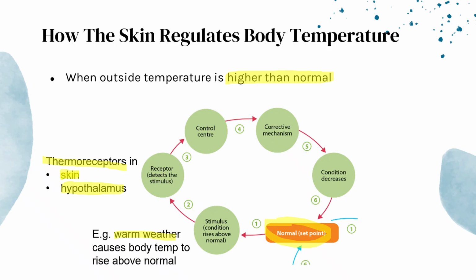And when the warm air diffuses into the blood and the blood temperature increases, the hypothalamus can also detect the change in temperature. The control center is of course the hypothalamus in the brain, and then there will be a series of corrective mechanisms, and these corrective mechanisms will bring the body temperature back to normal. So this is what this very simple diagram means.